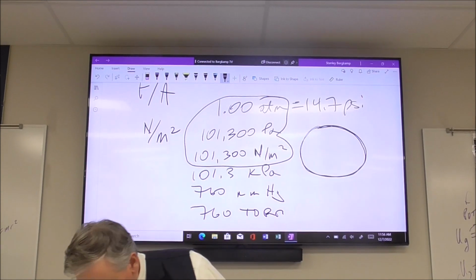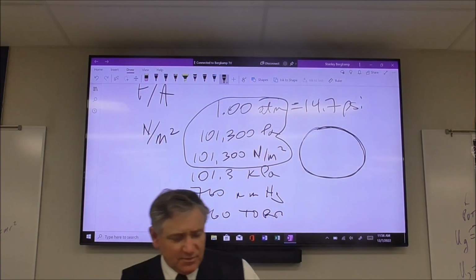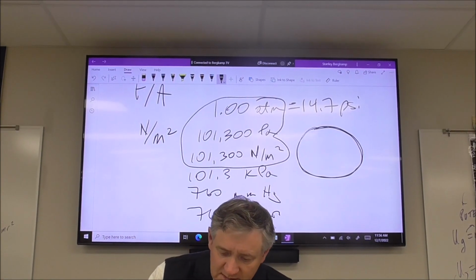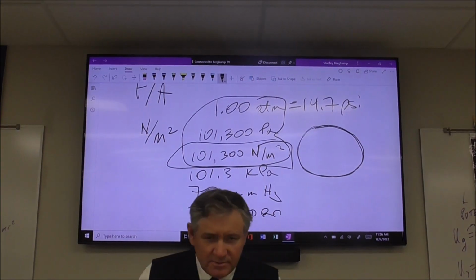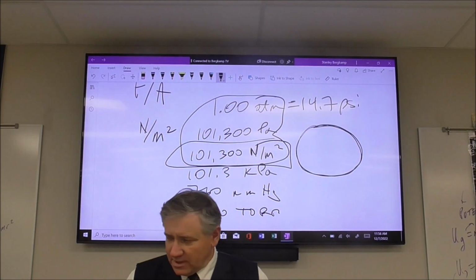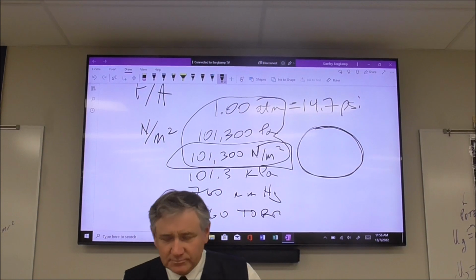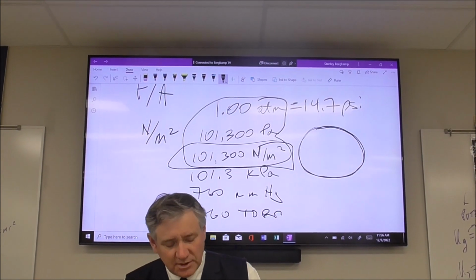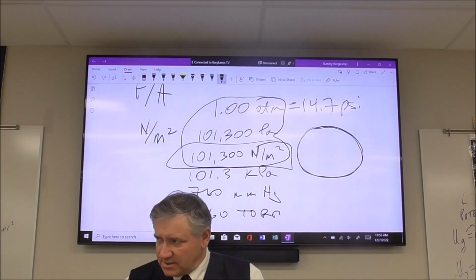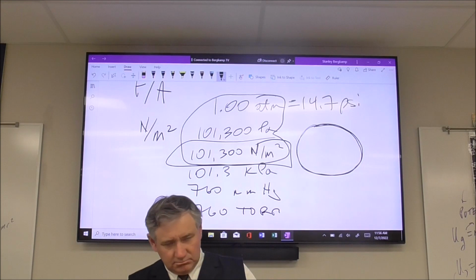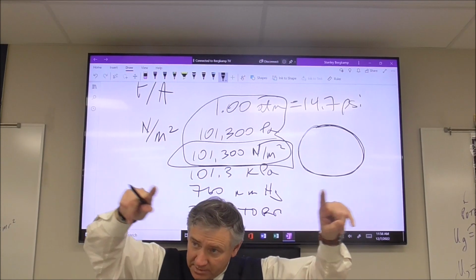Now, the other way to view this, and this is the one that we're going to use most often, is this 101,300 newtons per square meter. So if you get a little bit creative, here's a 1 kilogram mass, which technically weighs 9.8 newtons. Let's round it up to 10, so this thing weighs 10 newtons.